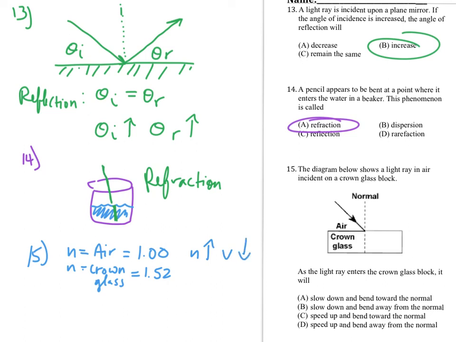So here it's going to slow down, because of C and D. Now we're looking at A and B. What else did I tell you guys? In this case, we're looking at LBT. Little to big and little to big. So it's going to go toward. Slow down and bend toward the normal. It's going to bend closer here. Toward the normal, guys.